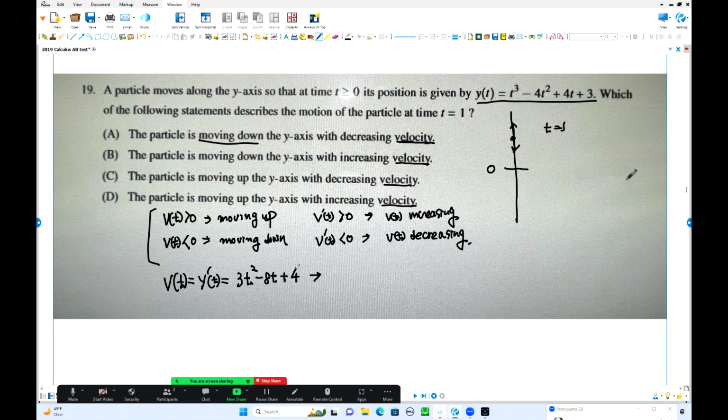Check this out: is velocity positive or negative at time t equals 1? 3 minus 8 plus 4 is negative 1, right? Less than 0, so the particle is moving down.